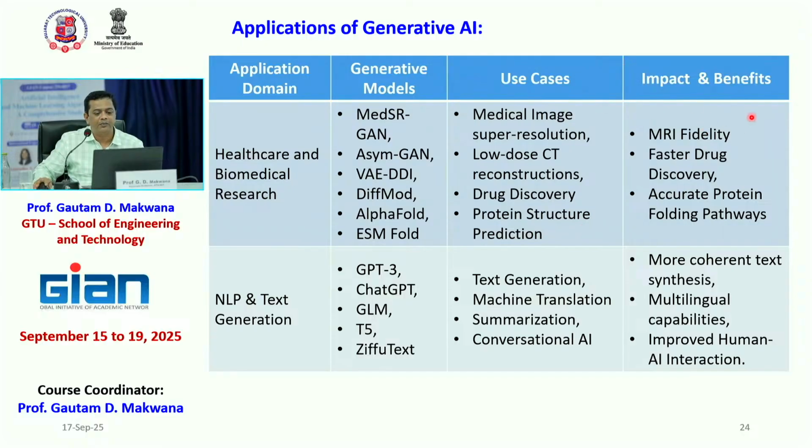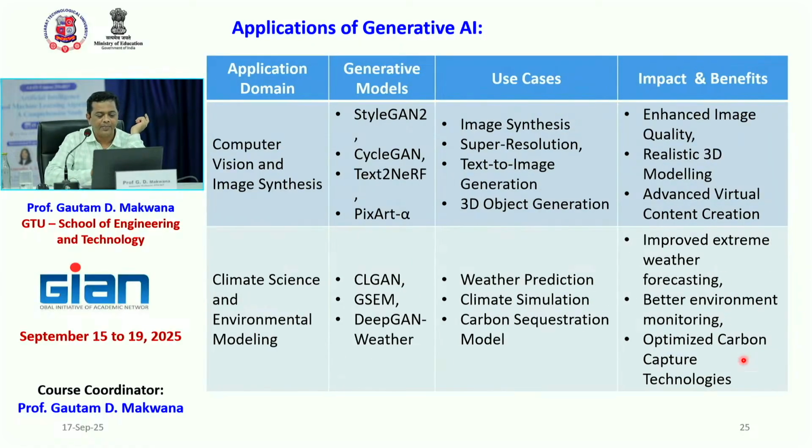The impact and benefit are MRI fidelity, faster drug discovery, and accurate protein folding pathways. In NLP and next generation using these models: text generation, machine translation, summarization, conversational AI, and more coherent text synthesis, multilingual capability, and improved human AI interactions.